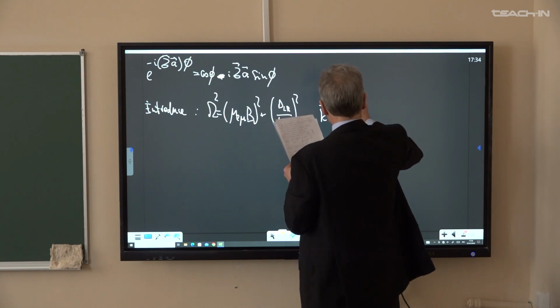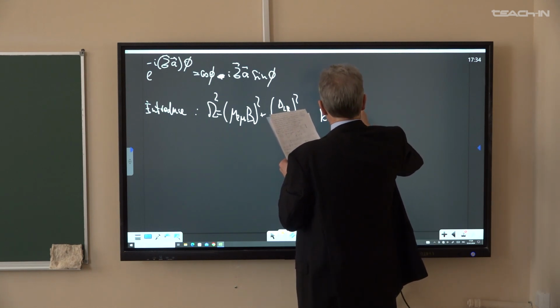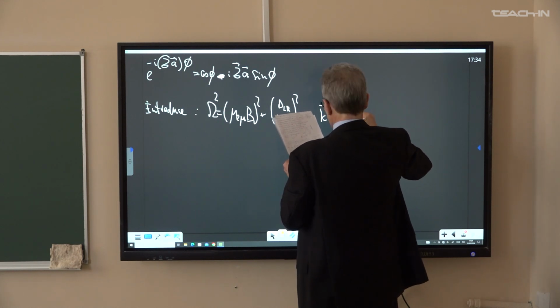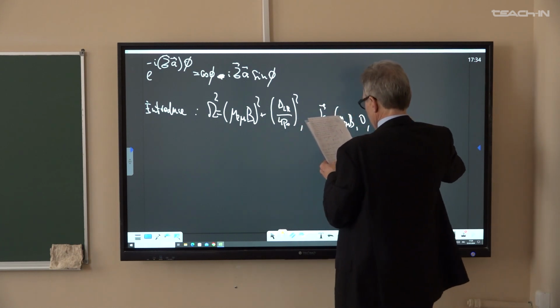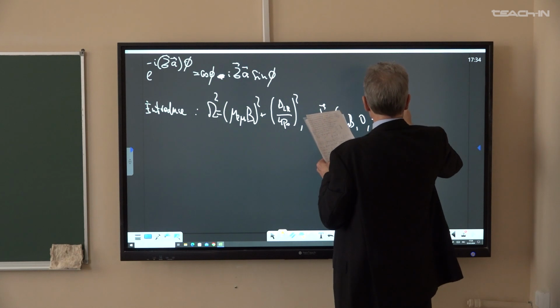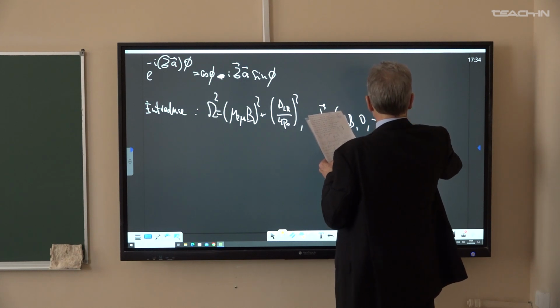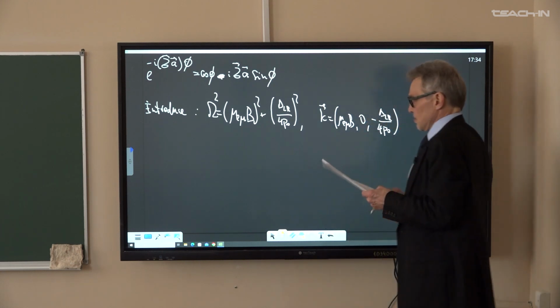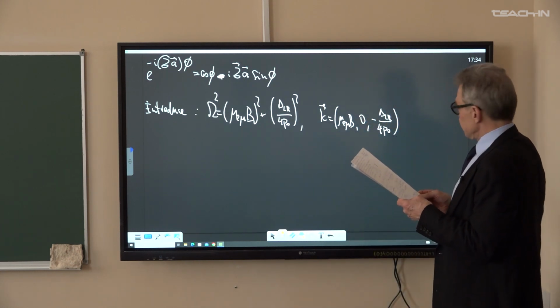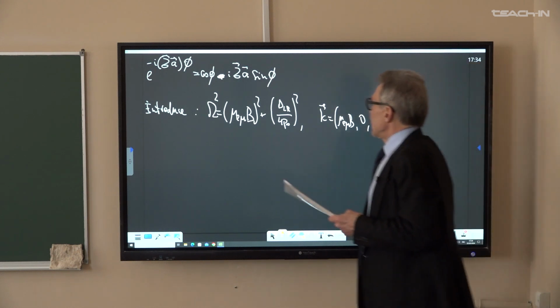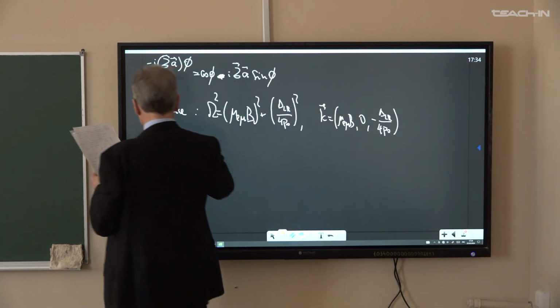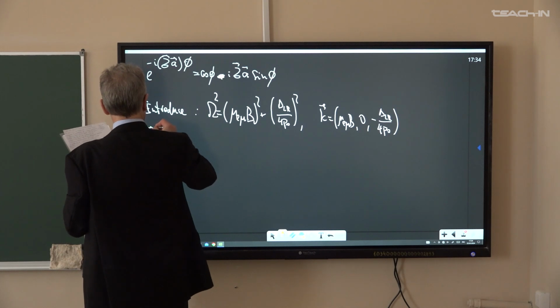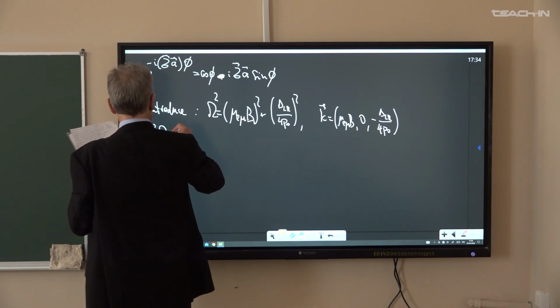The first component mu multiplied by magnetic field, the second 0, and the third one is minus delta LR divided by 4 energy. So we introduce these notations. It can be easily seen that k squared equals omega squared.